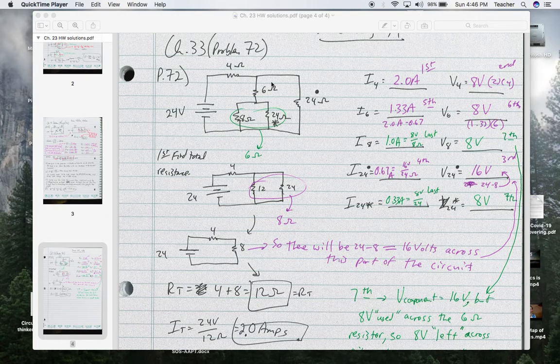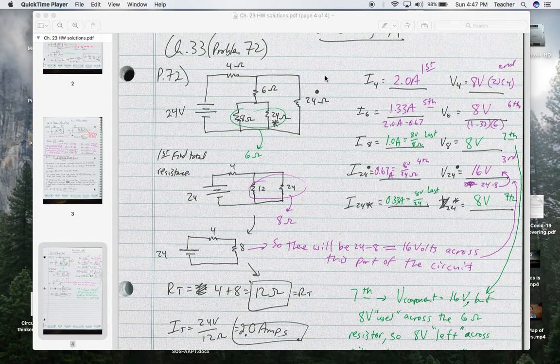Why? Because in any complete path, you've got to use up all the voltage provided by the battery. That's 24 volts. We used 8 volts here. There's 16 volts left. Next, to find the current through this, I'll do 16 volts, which is the voltage across that specific resistor, divided by 24 ohms, which is the resistance of that specific resistor, and I get 0.67 or 2/3 of an amp.